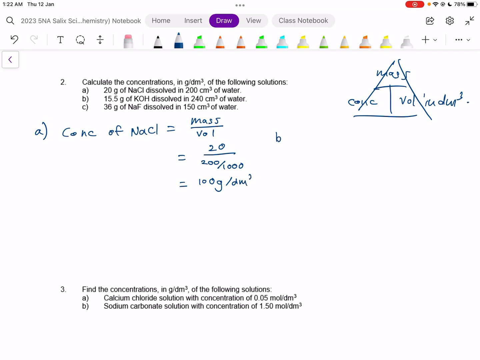Then let's look at part B. I need to find the concentration of my KOH. So I take mass over volume. Mass is 15.5. Volume is 240 over 1000. So I will have to do my conversion. So this is 64.6 gram per dm cube. C, next one.